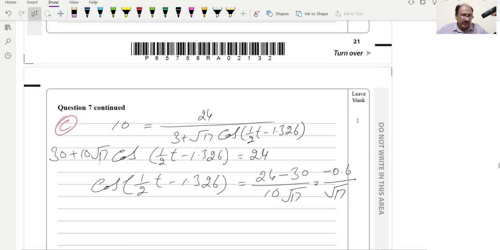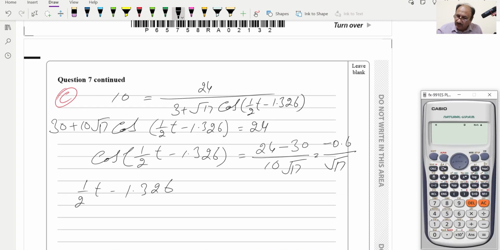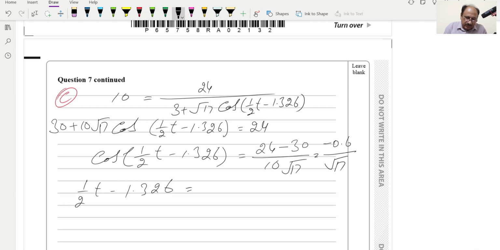Now we can take cos inverse, so 1 by 2t minus 1.326 is equal to cos inverse, shift cos, of minus 0.6 over root of 17, and this is equal to 1.7168.